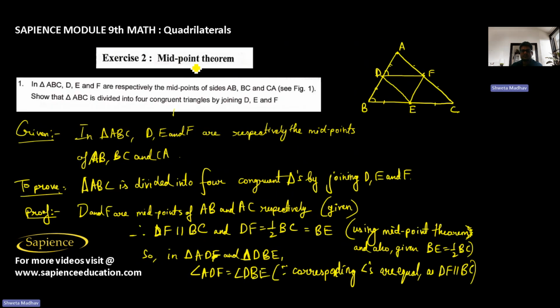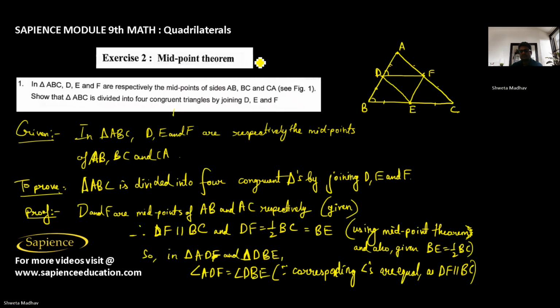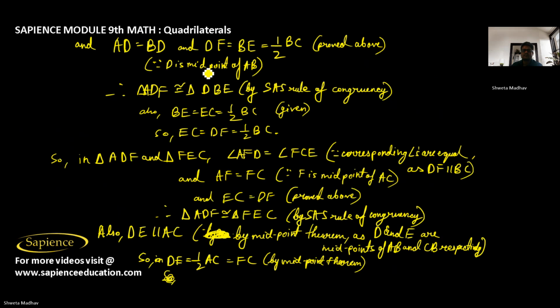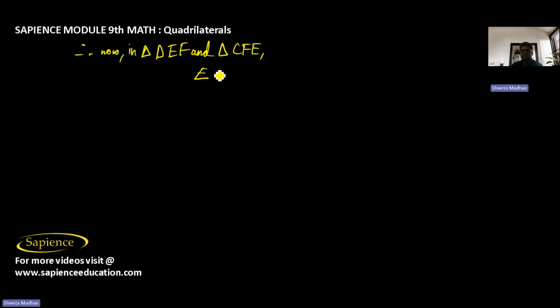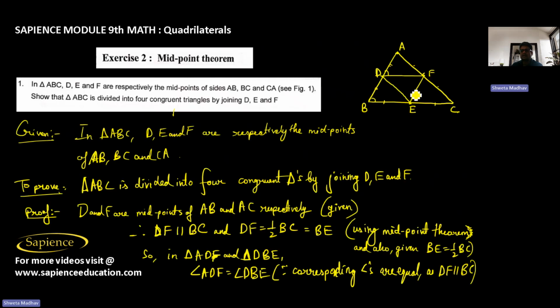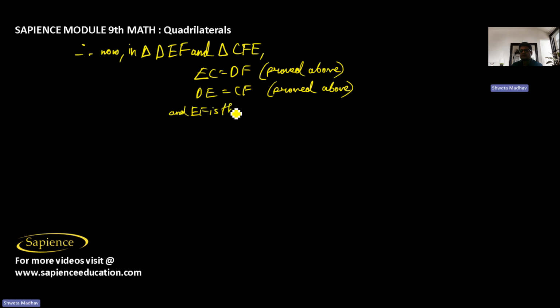Therefore, now you can see that in triangle DEF and triangle CFE, EC equals DF is proved above, and DE equals CF is also proved earlier, and EF is the common side.